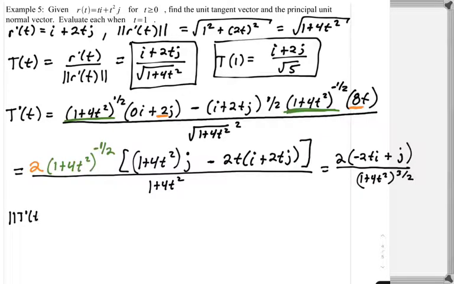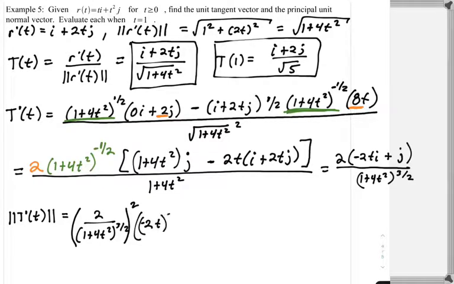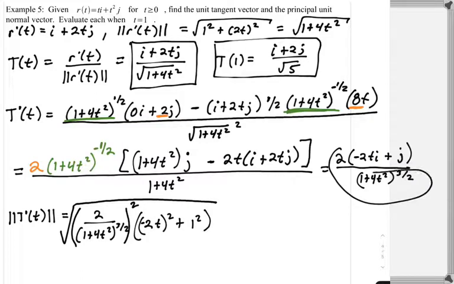So the magnitude of T prime of t is going to be the square root of (2 over (1 plus 4t squared) to the 3/2) squared, so that's the i component, plus the j component. And they have this part in common, so I can factor that out.